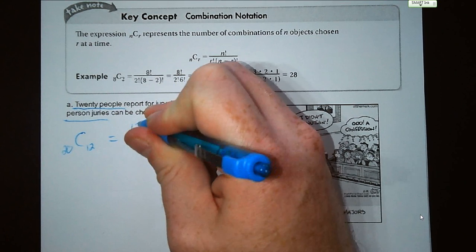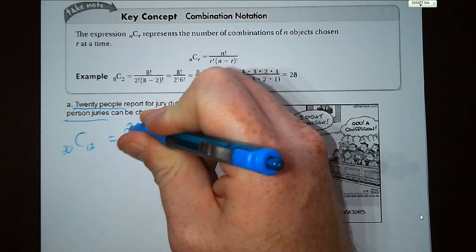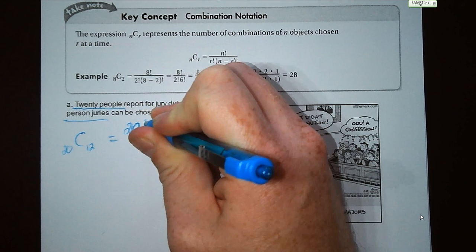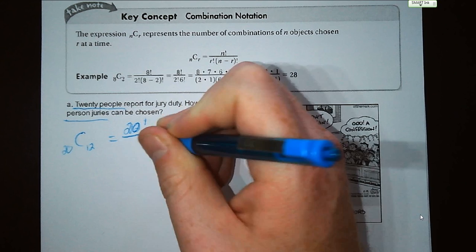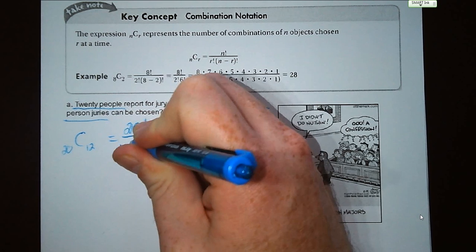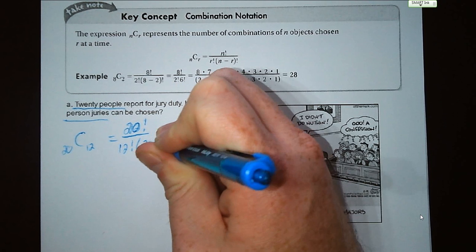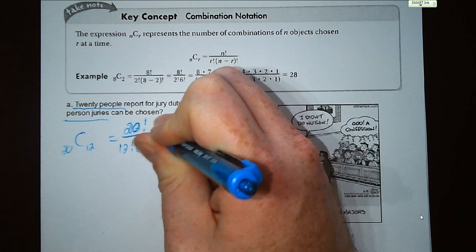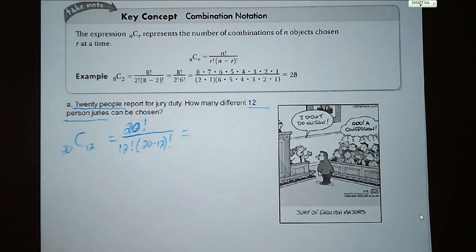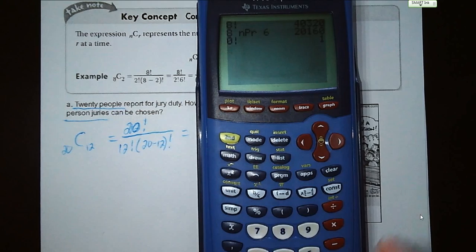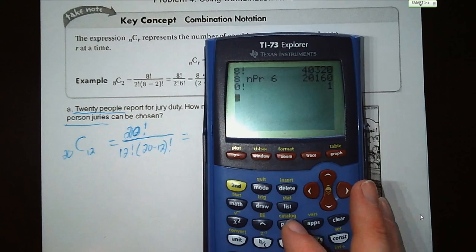So that's 20 factorial over 12 factorial times 20 minus 12 factorial. Again, Mr. Boland, this seems like a lot of work to memorize. Well, that's all right. We've got technology to help us.